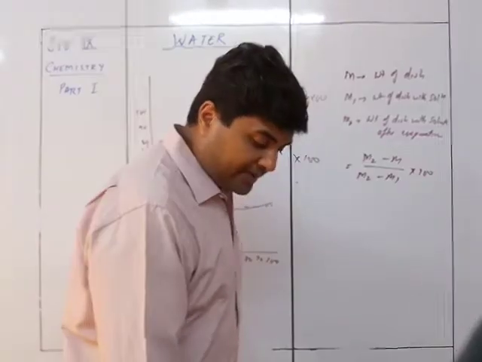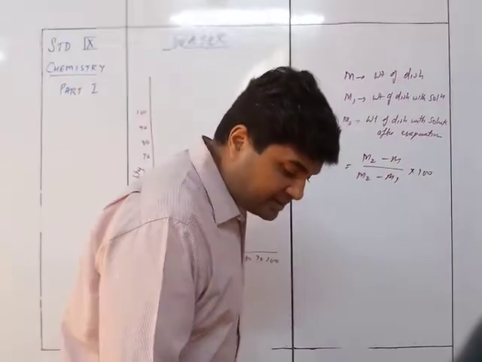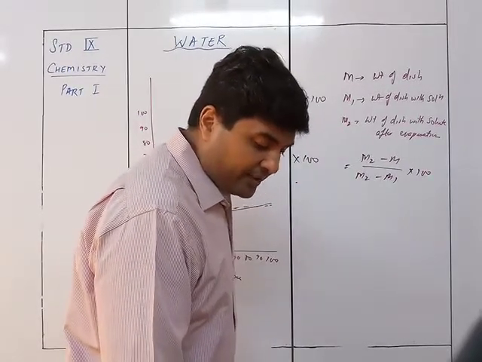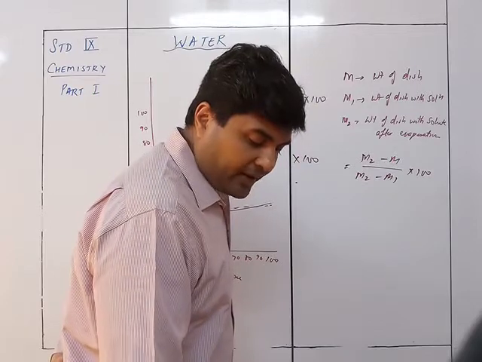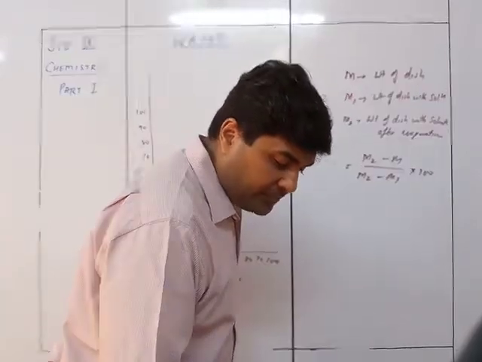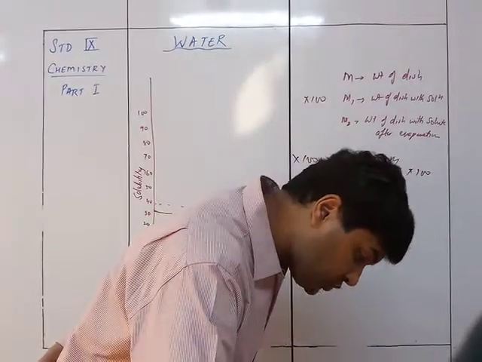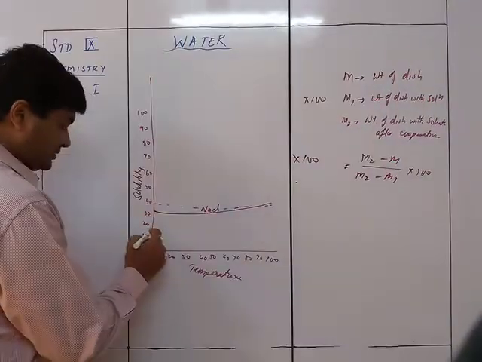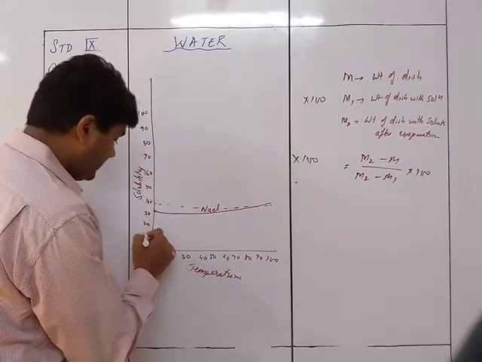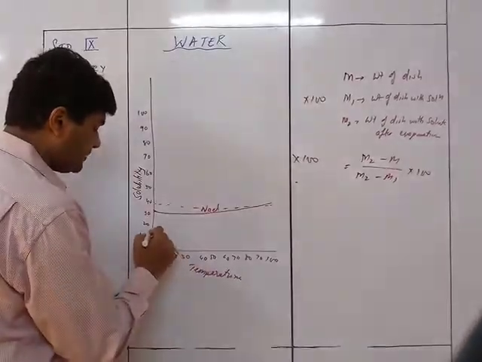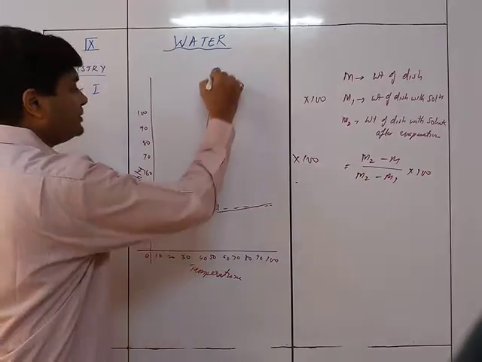You can have another example, let's take Na2SO4.10H2O. It goes like this: somewhere near 10 and above, and at a temperature of around 30, it just sharply goes upwards.